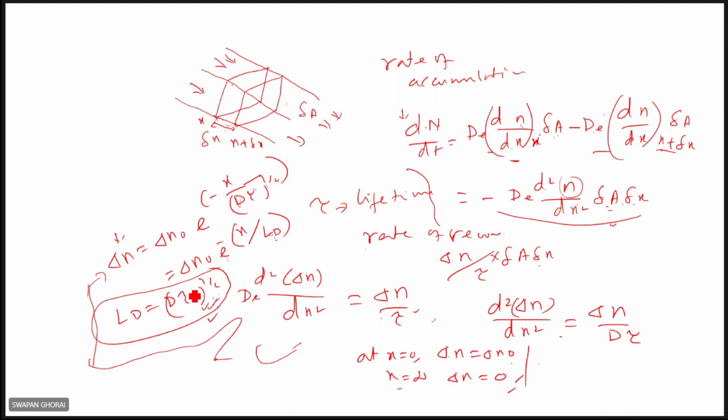You have seen these things in your basic electronics most probably. On the average, the carriers can move a certain distance before recombination, before they disappear. That distance is called the diffusion length, and it depends upon the diffusion constant and the carrier lifetime.